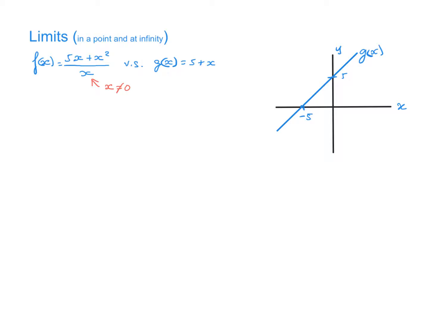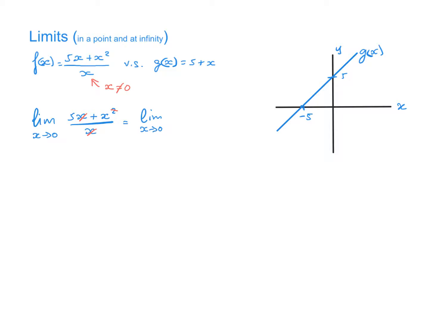Now we will study that by taking the limit. So we're going to investigate the limit of x approaching 0 of (5x + x squared) all over x. Now I'm going to actually cancel out those x's.